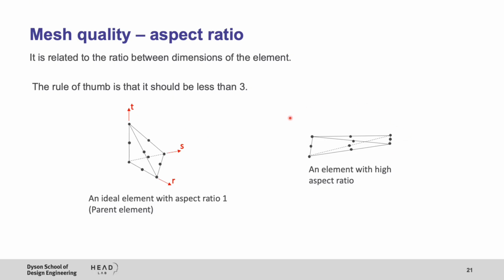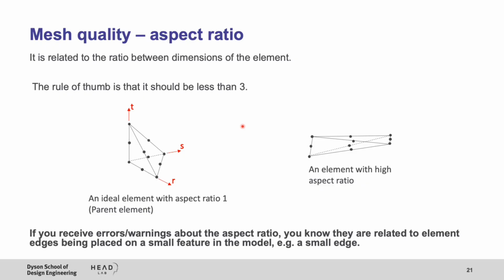So here I have shown an element with high aspect ratio. The rule of thumb is that the aspect ratio should be less than 3 for the majority of the elements, and more importantly for elements that are located in areas of concern, for instance areas of stress concentration.